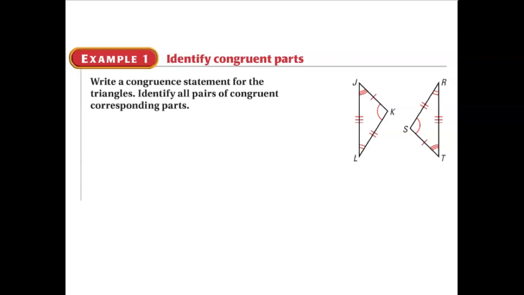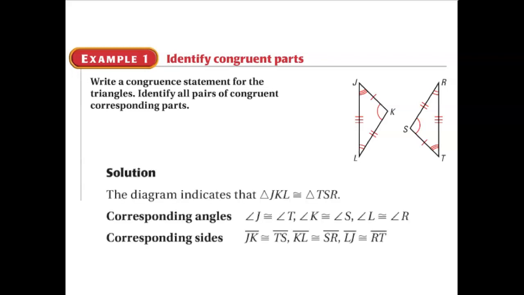We see here that J corresponds to T, K corresponds to S, and L corresponds to R. So if we were to write triangle JKL is congruent to, we would have to match it up, so J with T, K with S, and L with R. So this would be triangle JKL is congruent to triangle TSR.